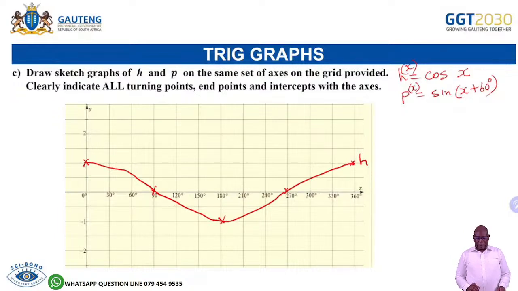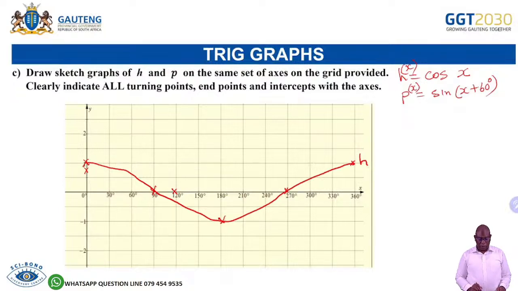Alright. Now the sine x plus 60, if you don't know how to use the table, you can just input the values. If I put sine of 0 plus 60, it will be sine of 60. So sine of 60 will be somewhere there at 0,8. Then at 90, you take it to 120. I think at 120 it will be there.